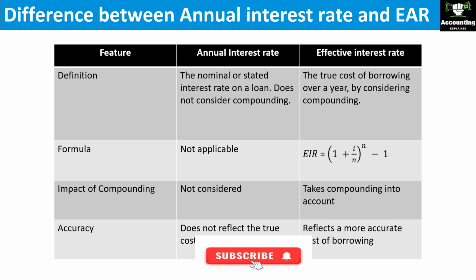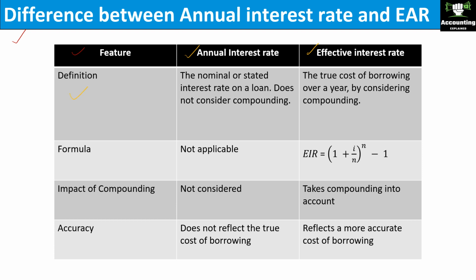Let us see the difference between the annual interest rate, that is the nominal interest rate, and the EIR. The first column is features, the second column is annual interest rate, and the third column is effective interest rate.